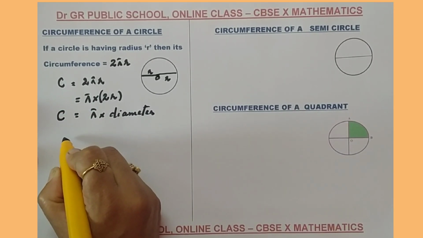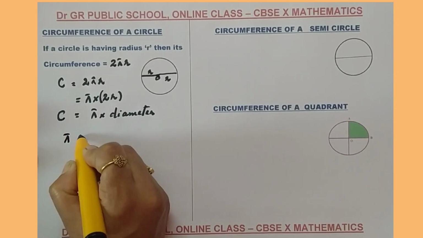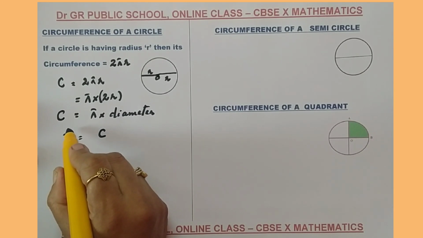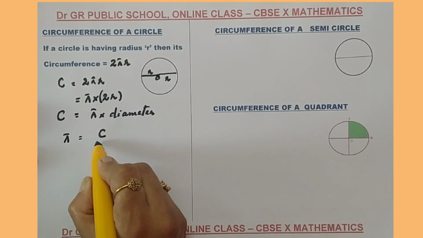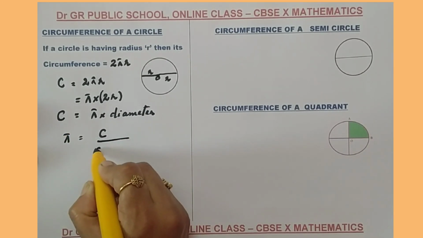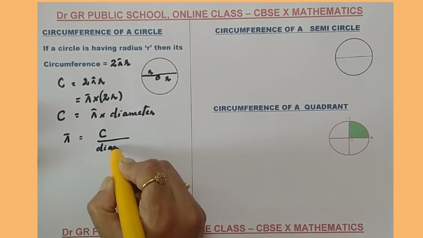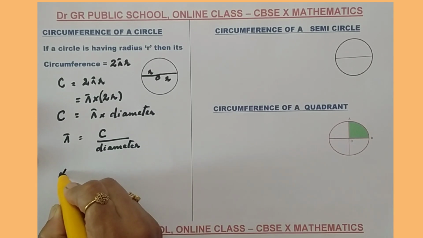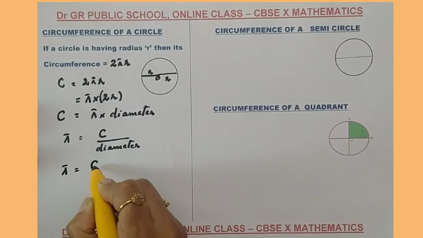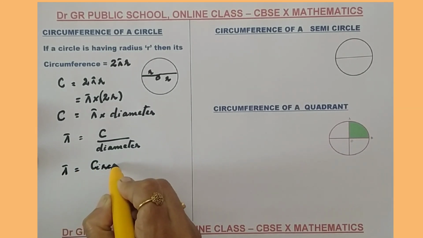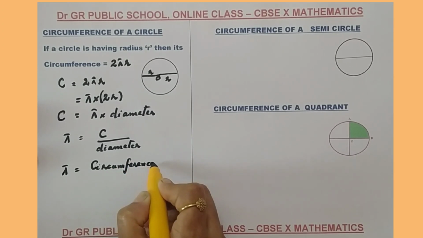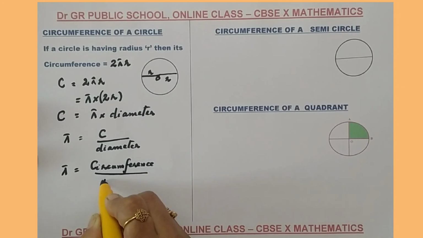Now, I am going to arrange pi equals c on the left side. C is the circumference. Multiplication with the diameter on the right side becomes division by the diameter on the left side. So, pi is equal to the circumference of the circle divided by the diameter of the circle.